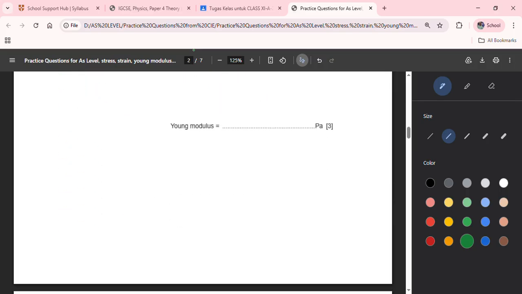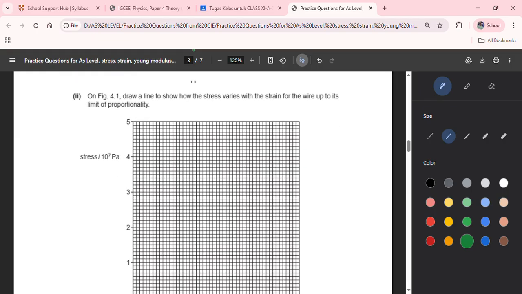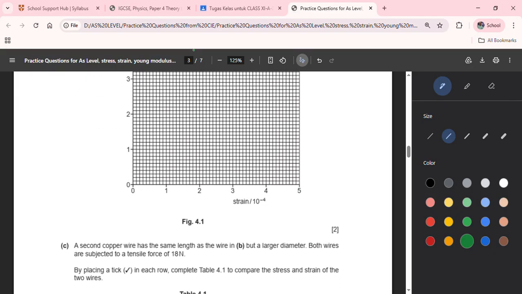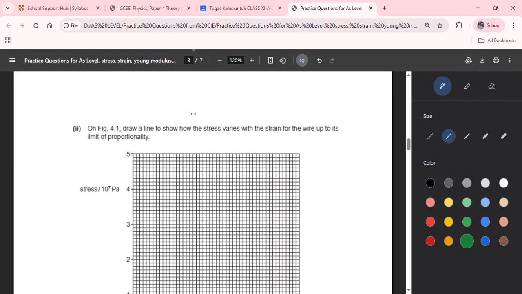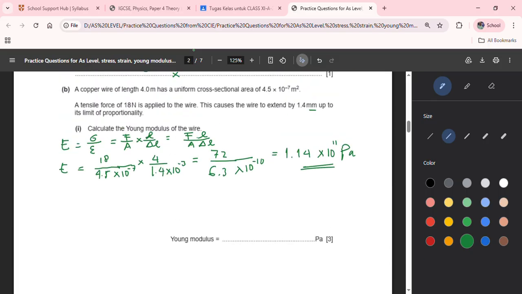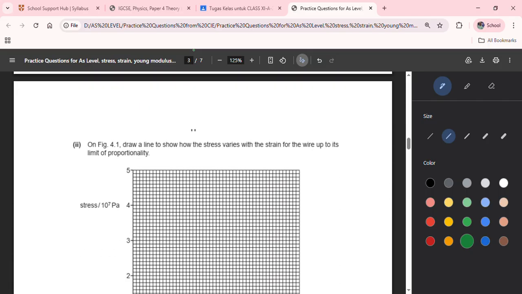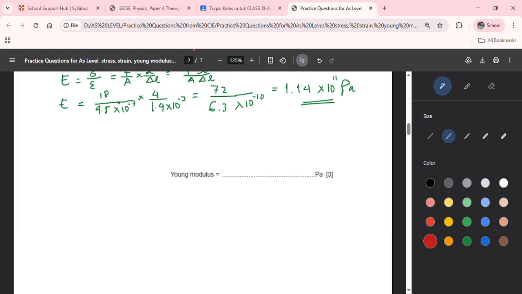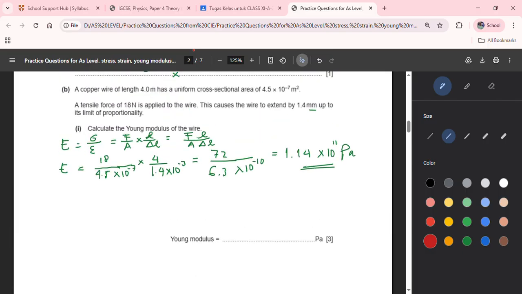And then for part II, on figure 4.1, draw a line to show how the stress varies with the strain for the wire up to its limit of proportionality. Stress and strain. First we have to find the stress. The stress is force divided by the area. Remember, the force is 18 and area is 4.5 times 10 to the power of minus 7.